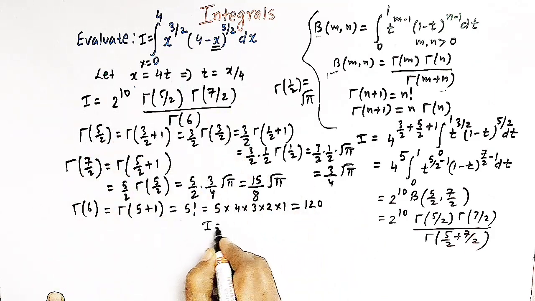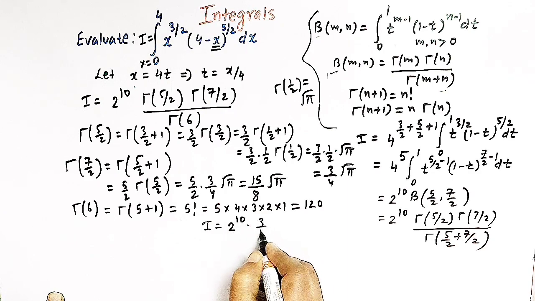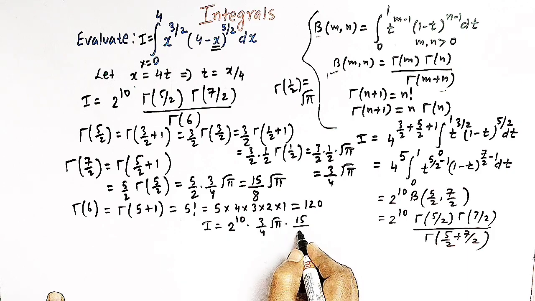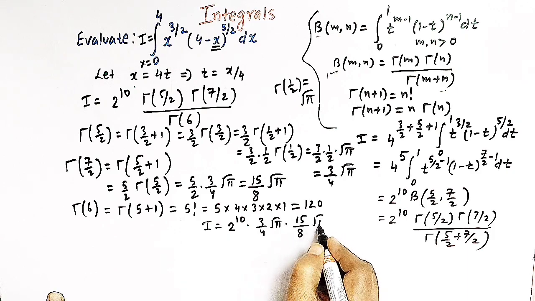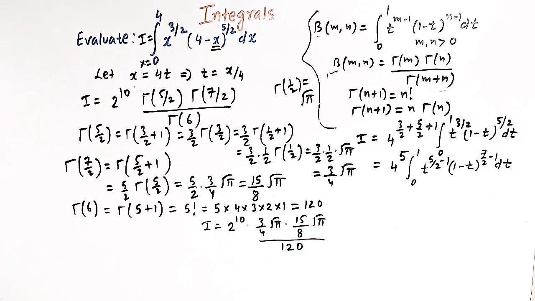So I can now be written as 2 raised to 10, then we have 3 by 4 root pi, then we have 15 over 8 root pi divided by 120. So now our aim is to simplify this expression.